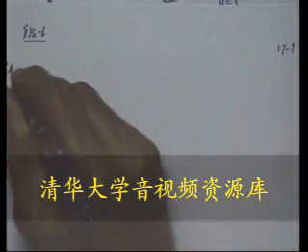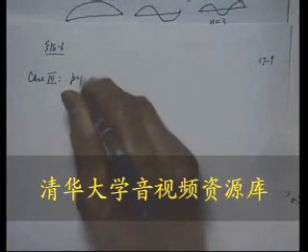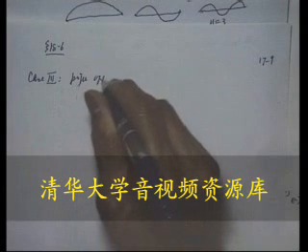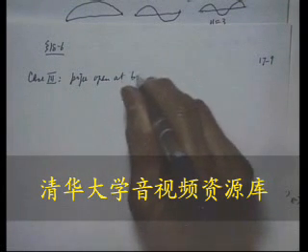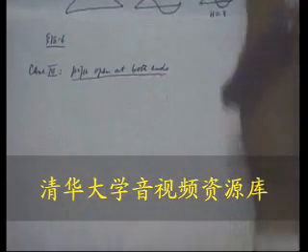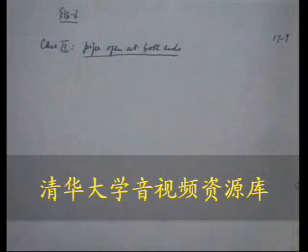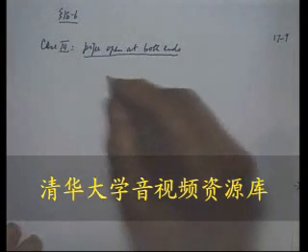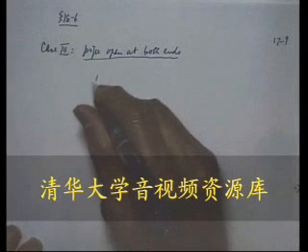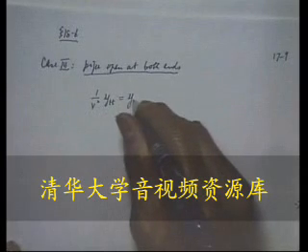Let us go through case 3. Pipe open at both ends. The equation is the same: 1 over v squared y_tt equal to y_xx.